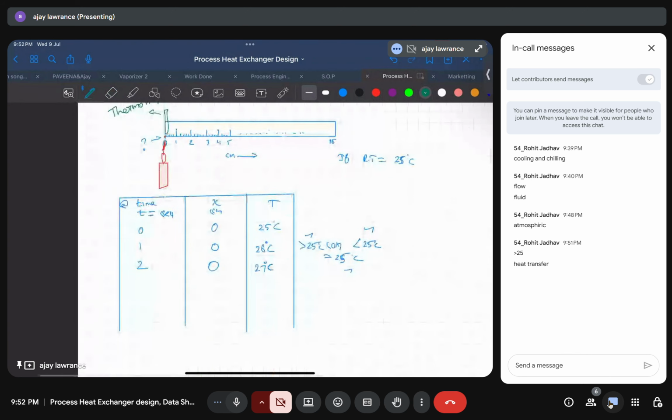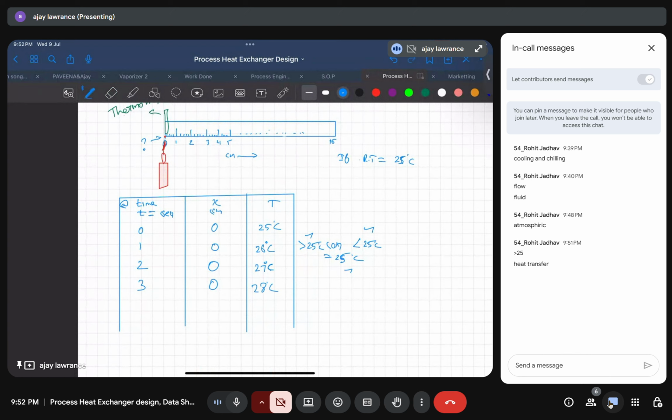Then at 3 seconds, at 0 centimeter, 28 degrees Celsius. So for every 1 second, 1 degree Celsius is rising.